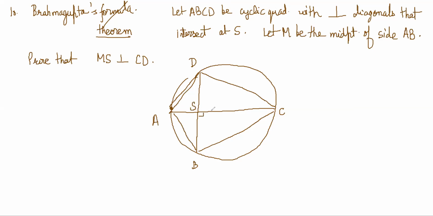This point is S. What I want to prove is that MS, with M the midpoint of AB, is perpendicular to CD. Let's make it intersect CD at E. So I want to prove that angle SEC is equal to 90 degrees. So think about it, try.